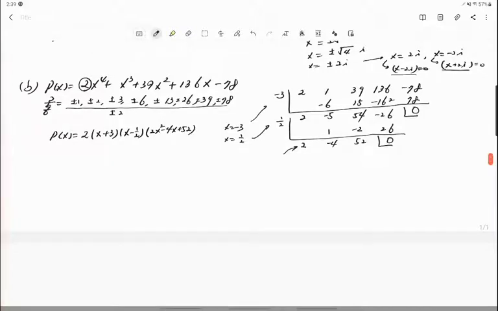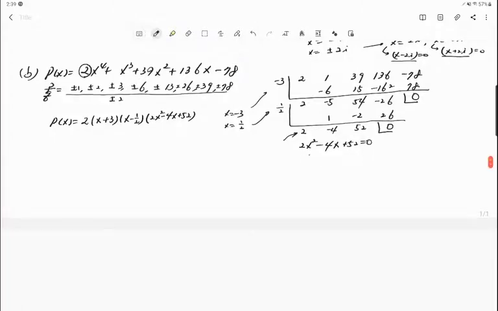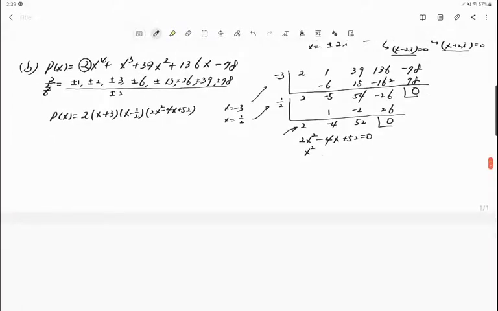So from this, let's rewrite the last row in quadratic equation. Plus 52 equals 0. And then from here, we can divide the equation by 2 because the coefficients are positive. So x squared minus 2x plus 26 equals 0.